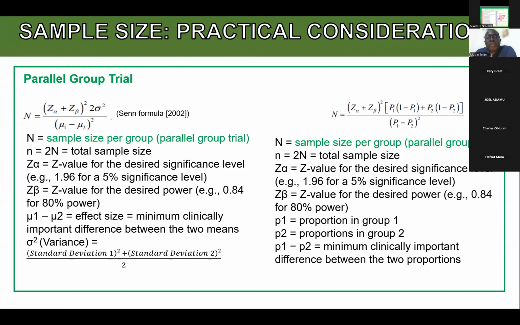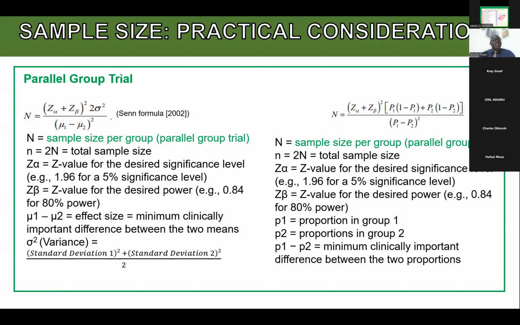All right, while calculating sample size, it's important to highlight that the kind of sample size formula that will be used depends on the study design or trial design that is selected. One common formula is on the left-hand side of the screen.